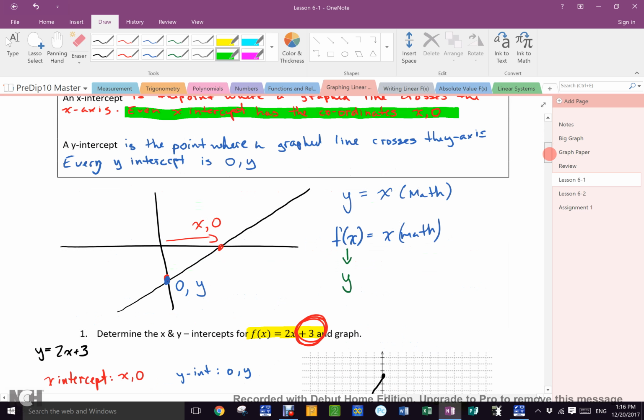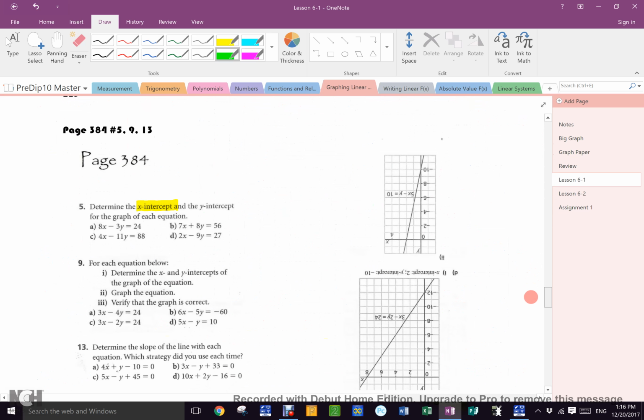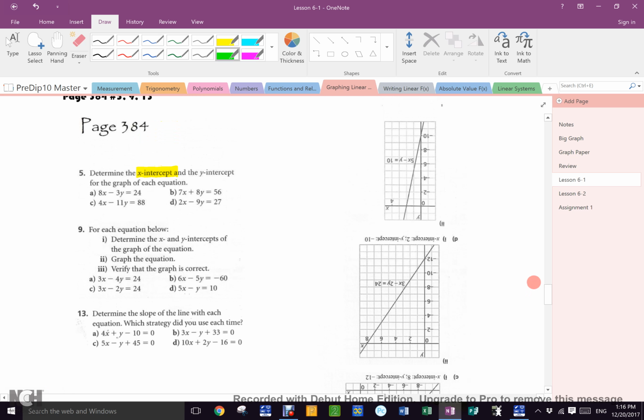Okay, so now we go to this line. 8x minus 3y equals 24, right? And every x-intercept is x comma 0, yes? That's an x, right? So do I have anything I can put there? No, it stays as x.